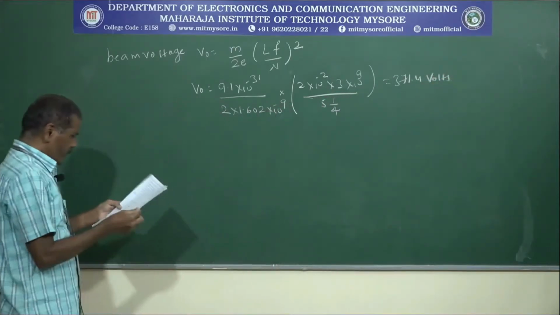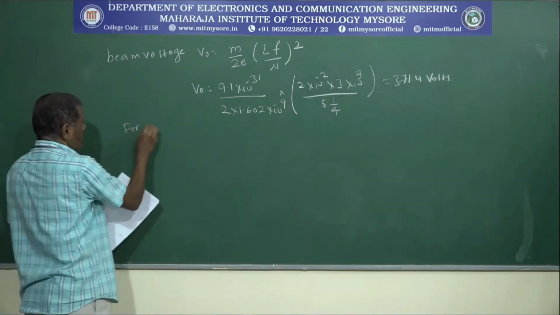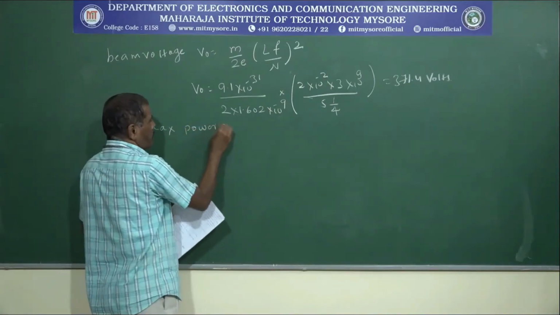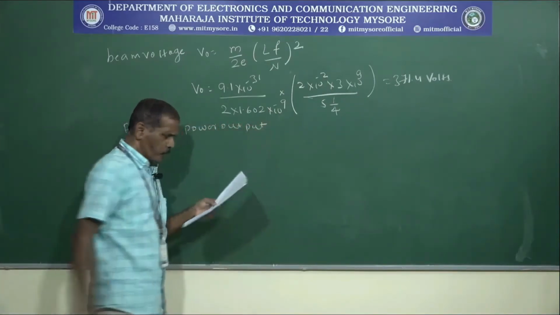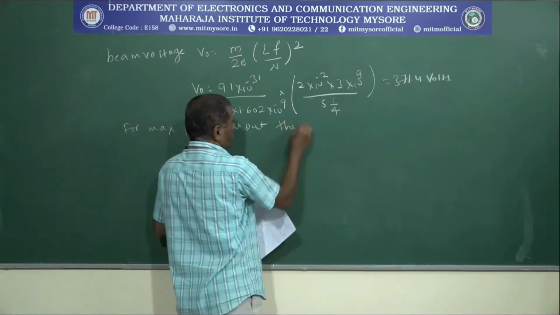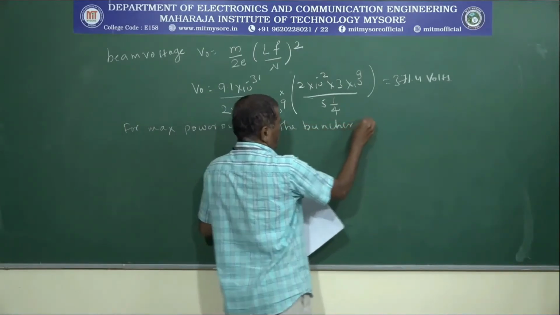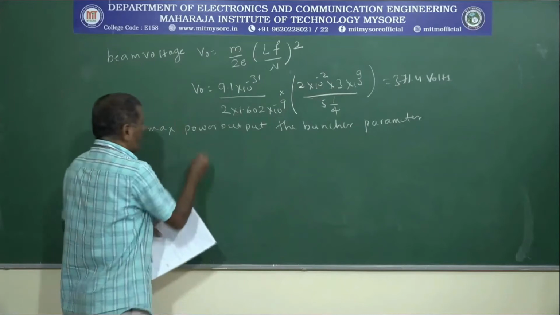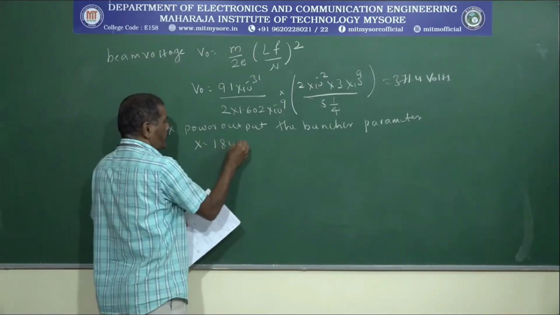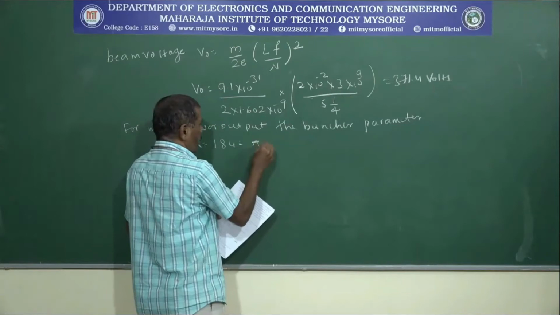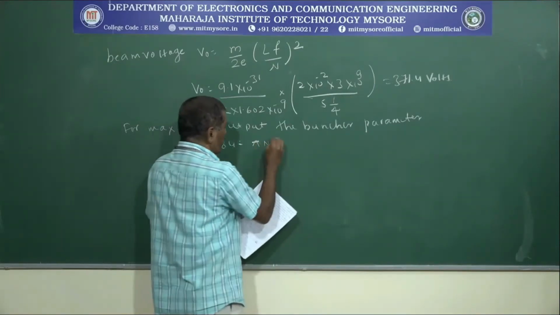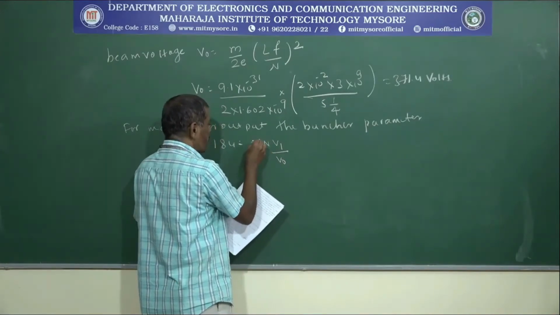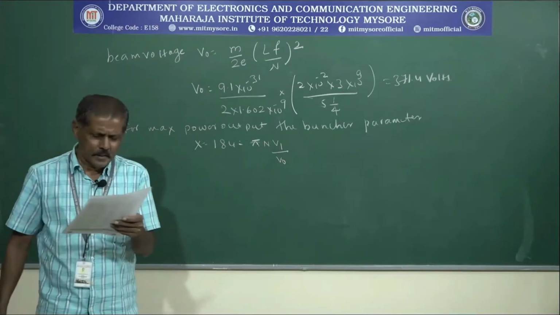volts. Okay. Then the next parameter is, for maximum power output, the buncher parameter X equal to 1.84. So this is equal to pi into n into V1 divided by V0, V1 divided by V0.